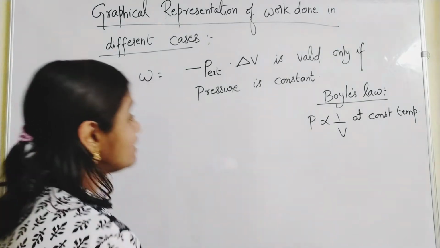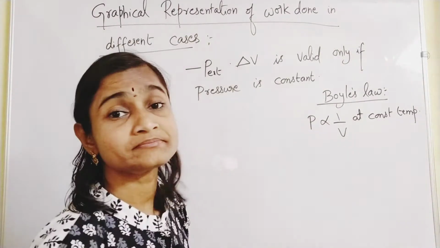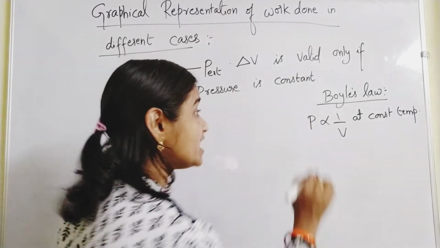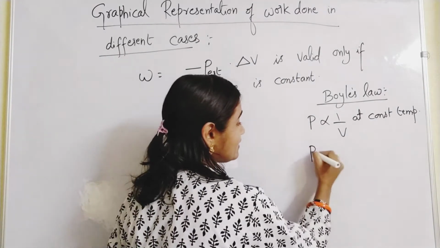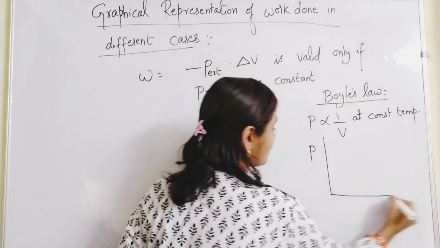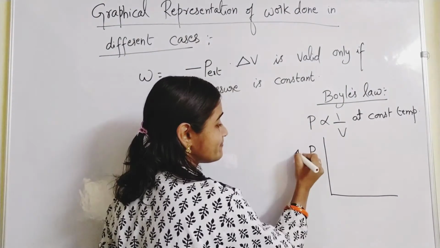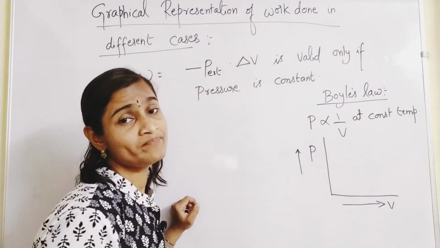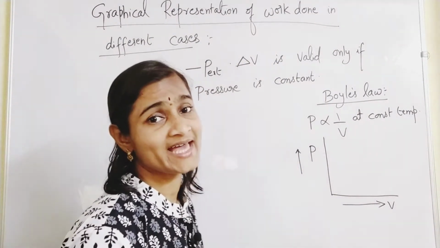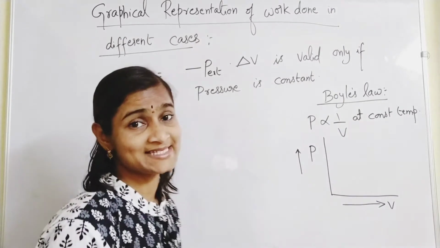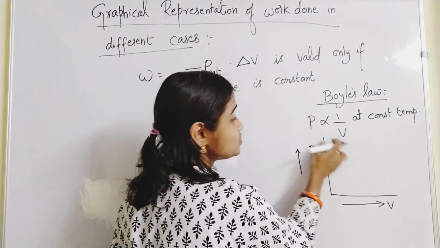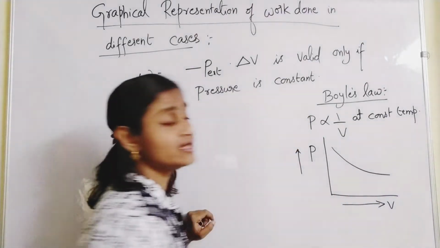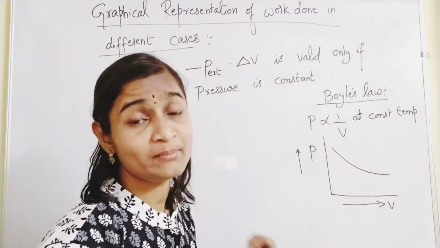Here, pressure and volume. If you draw the graph taking pressure on the y-axis and volume on the x-axis, and these two are inversely proportional to each other, we find a curved graph for Boyle's law.